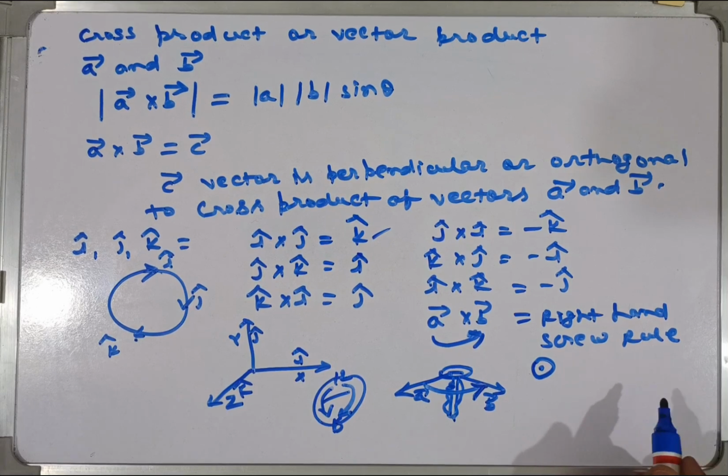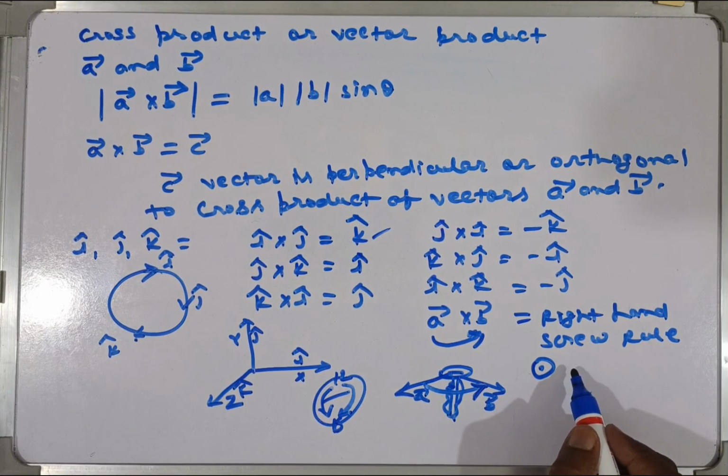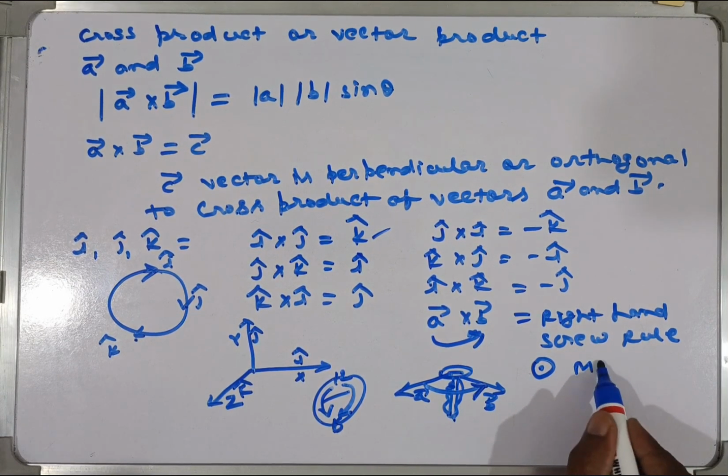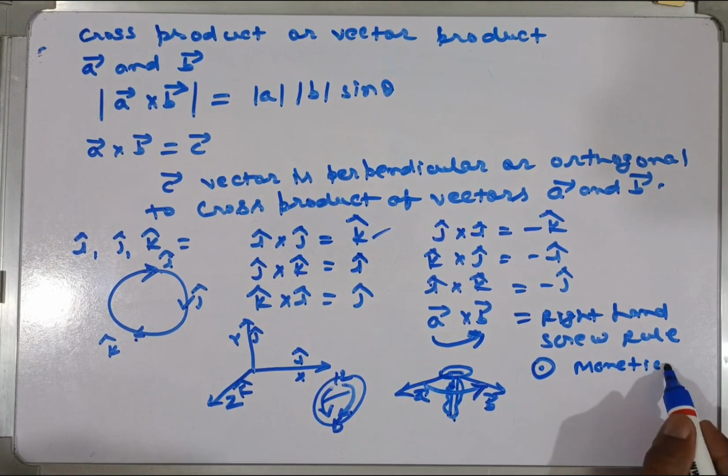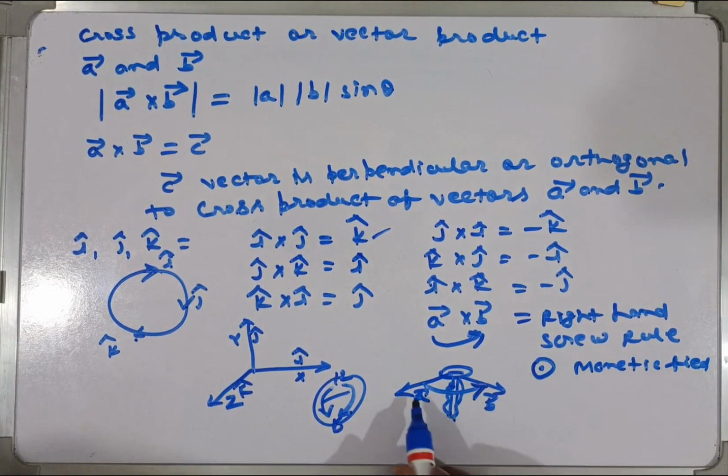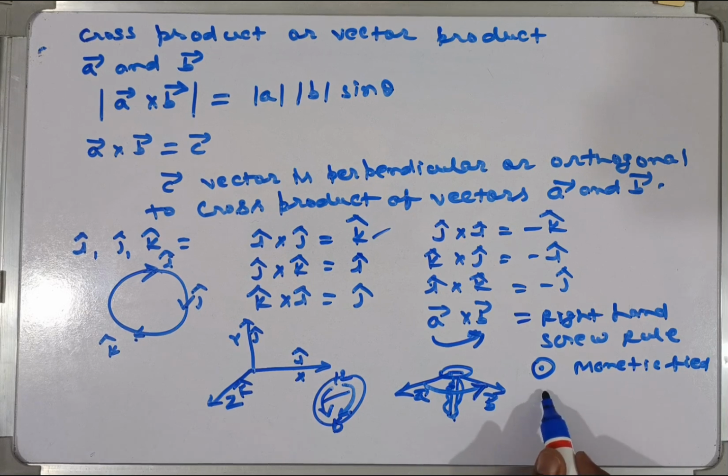It is represented by a dot, you can see it in a magnetic field. If the a vector is moving to the b vector in the clockwise direction, then the vector which is away from the observer is represented by a cross sign.